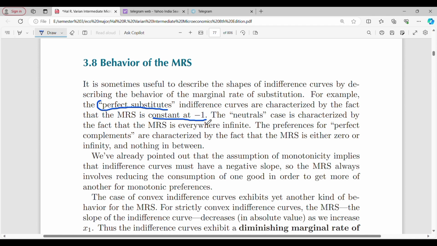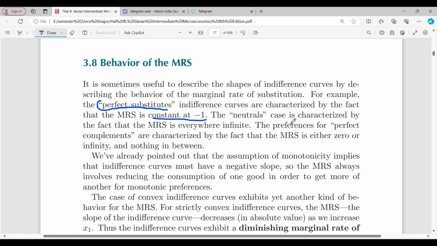Even if it is 2 blue pencils and 18 red pencils, or 5 blue pencils and 15 red pencils, he doesn't care, he just wants altogether 20 pencils. So the MRS is a constant there, right? Altogether it ends up at 20 only. Whatever change or trade-off happens, it ends up at 20 only. So that is a constant there. That is why we have a slope of -1.